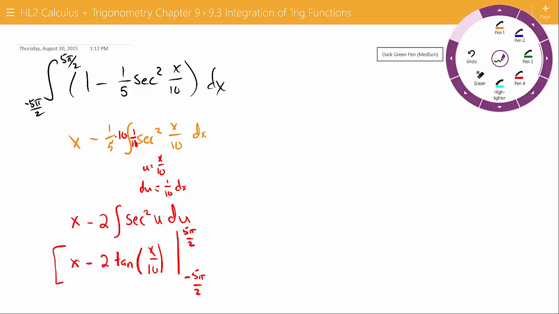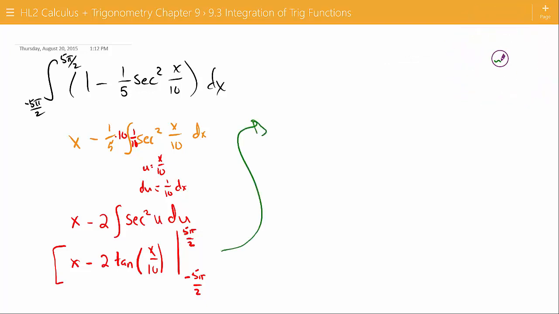That really wasn't as bad as I thought it would be. I hope you're feeling the same way with me. Now we do our substitutions. So we have 5 pi over 2 minus 2 tangent. Well, 5 pi over 2 divided by 10 is pi over 4.